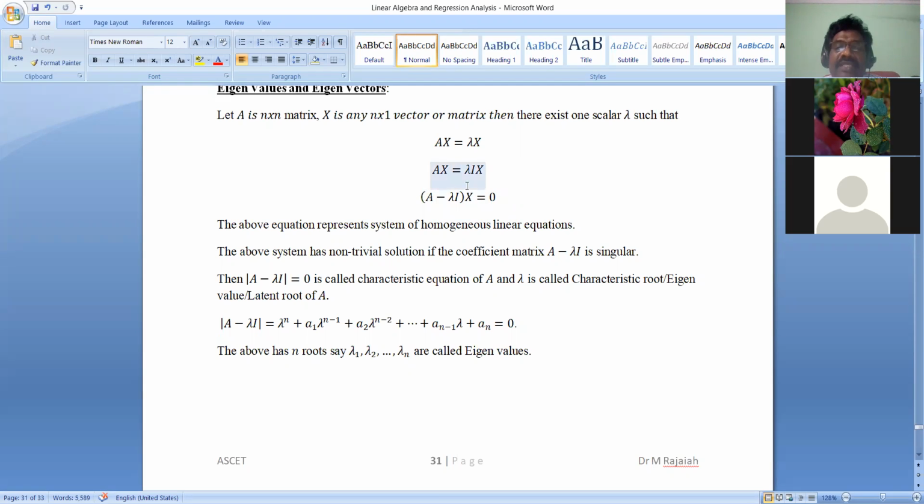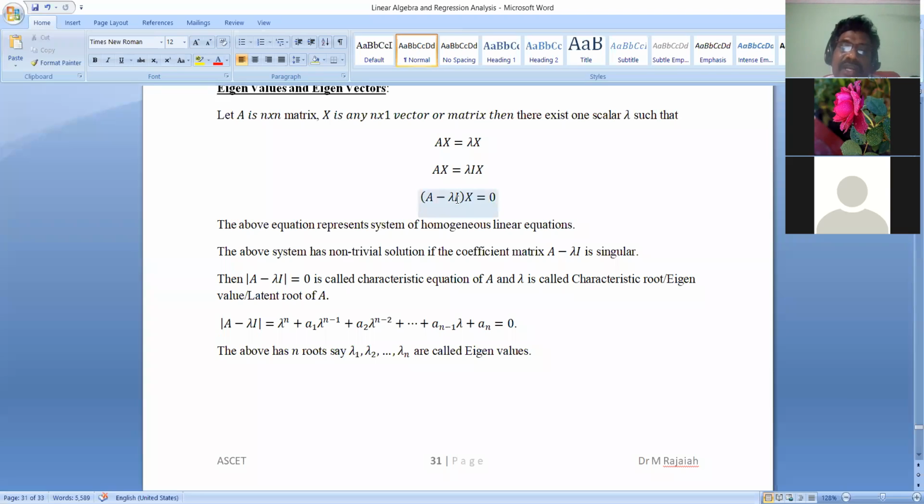This system has a non-trivial solution only when the determinant of the coefficient matrix is equal to 0. That means (A minus lambda I) x equal to O is the given system of homogeneous equations, and it has a non-trivial solution whenever A minus lambda I is a singular matrix.